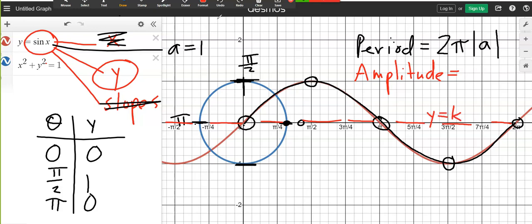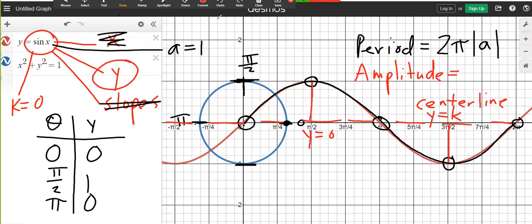It's a horizontal line that goes right through the middle of the wave. In our particular situation, when the k value is 0, we have y equals 0. Okay, so what is amplitude? The distance from the center line to the highest point, and the distance from the center line to the lowest point.